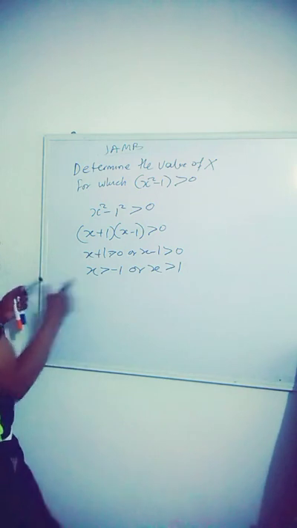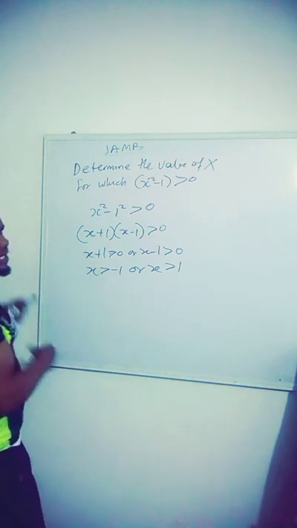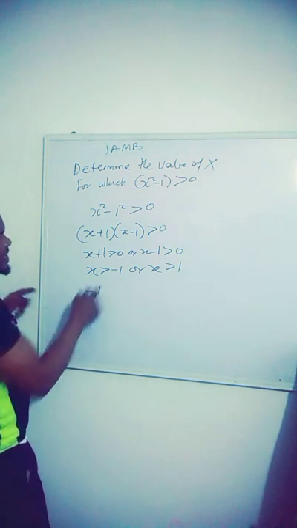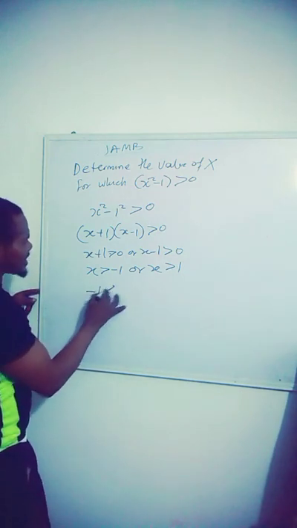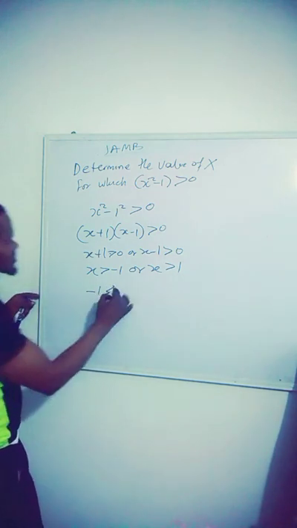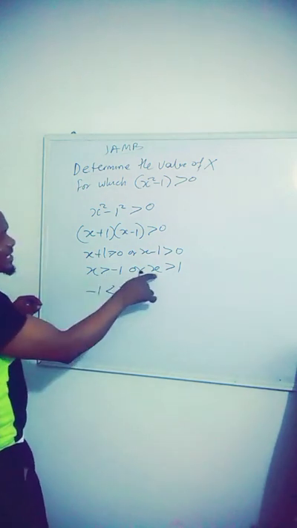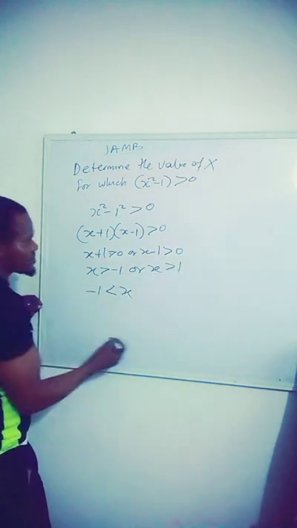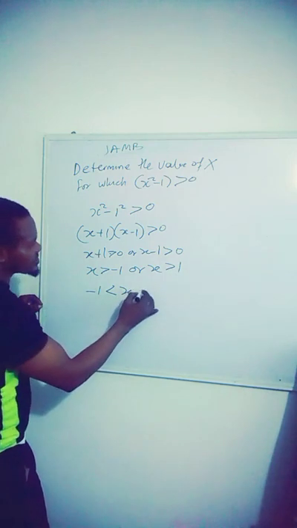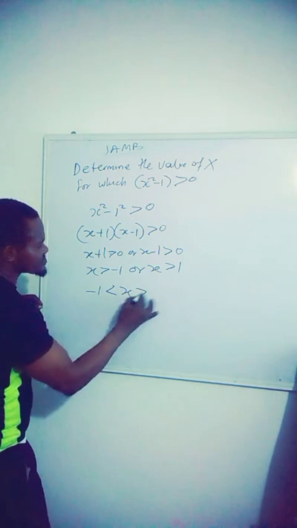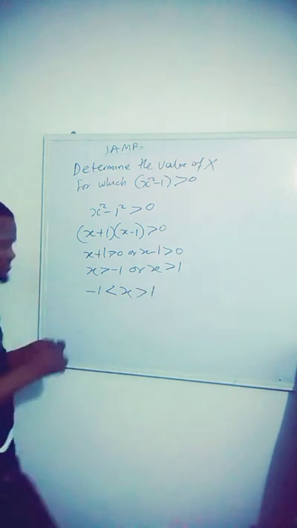So if x is greater than minus 1, how do you write it? This one can become minus 1 less than x, and then x is also greater than 1. So it's going to be x greater than 1.